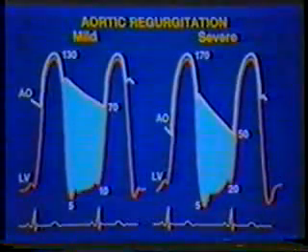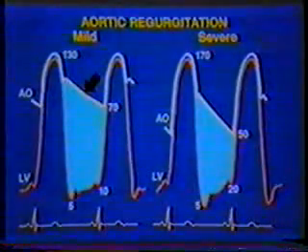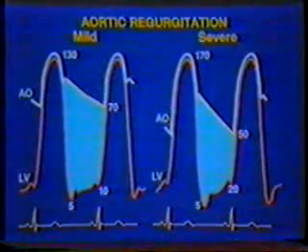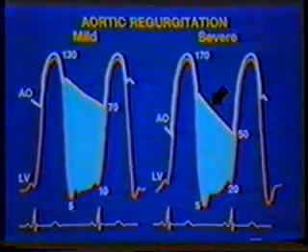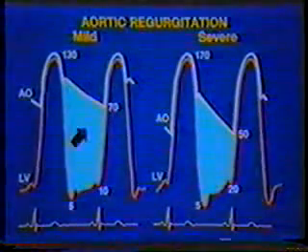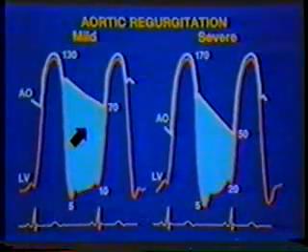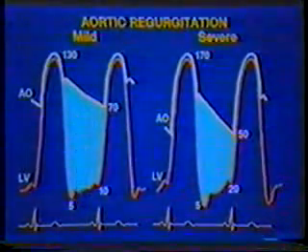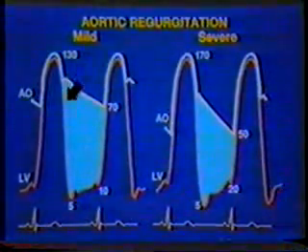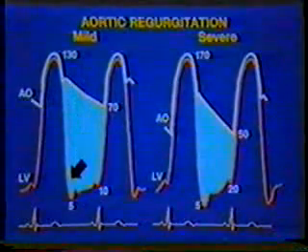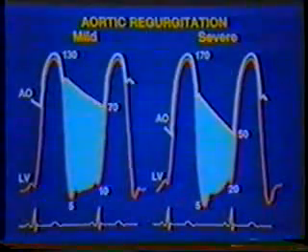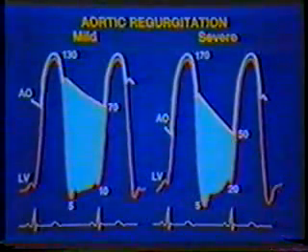This schematic shows pressure tracings of the aorta and left ventricle from patients with mild and severe aortic regurgitation. The shaded area is the diastolic pressure gradient between the aorta and left ventricle. In both cases, the initial gradient is large, which will result in a high velocity early in diastole, as we will see on the CW spectra.